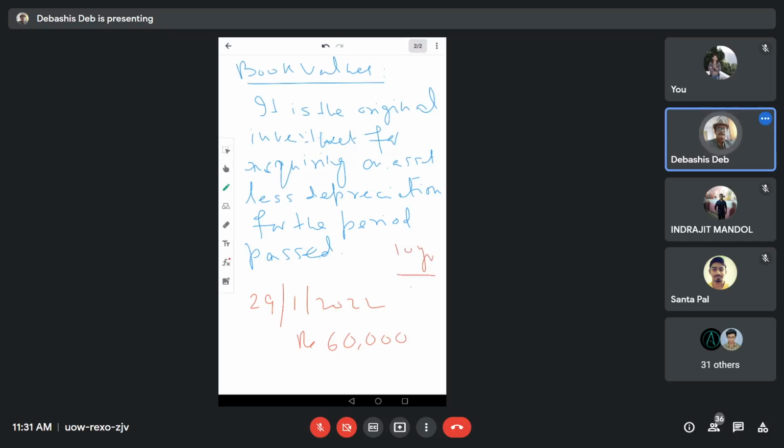Just today when I am going to purchase, and even after purchasing, the book value of this TV is 60,000. So it has been purchased and bought in my building. Now, from tomorrow, it will be depreciated, a negligible amount.